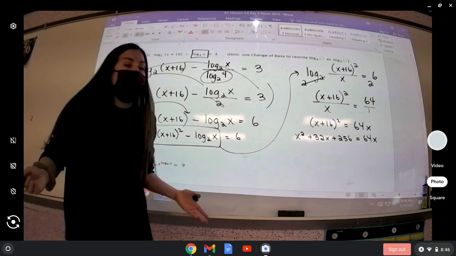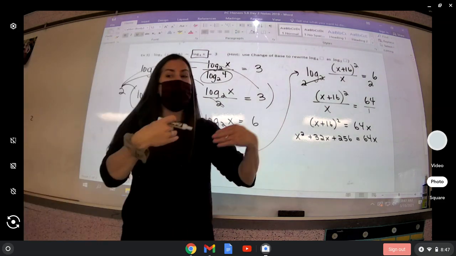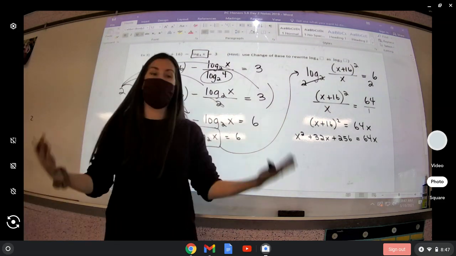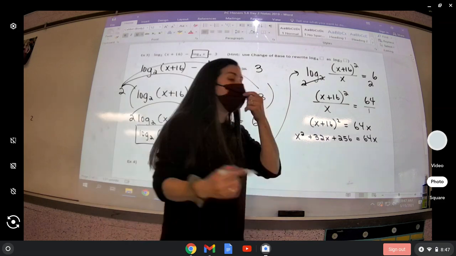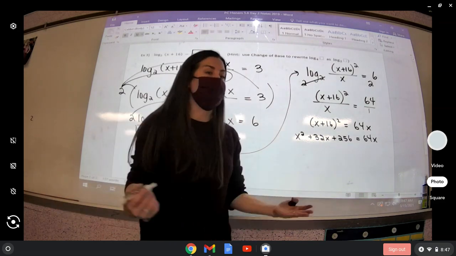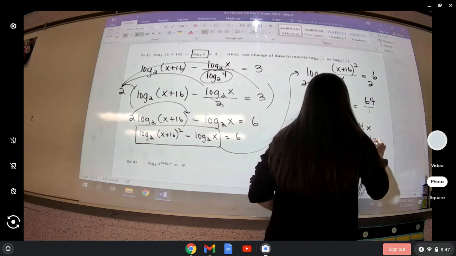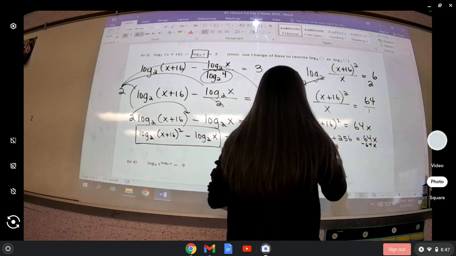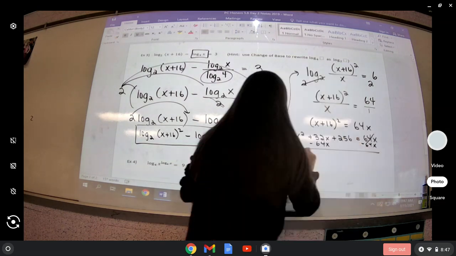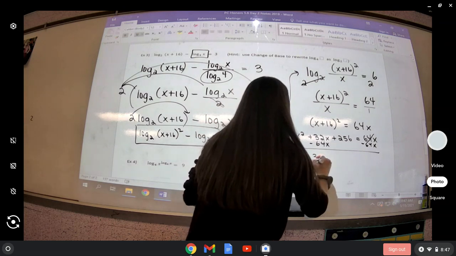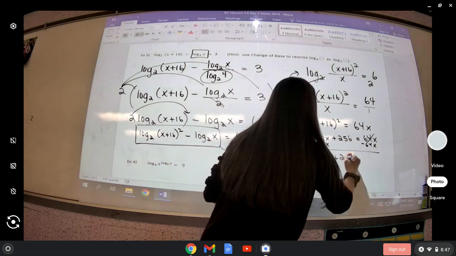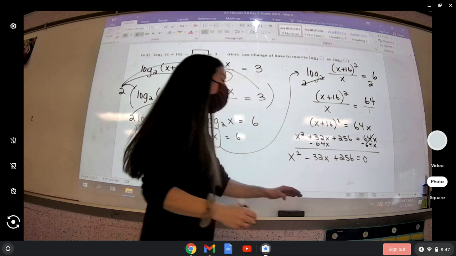So like I said, now we have a quadratic equation on our hands. Let's get everything to one side, set equal to 0, and let's cross our fingers that it factors. We don't want to have to use the quadratic formula if we don't have to. So we're going to end up with x squared minus 32x plus 256 equals 0.